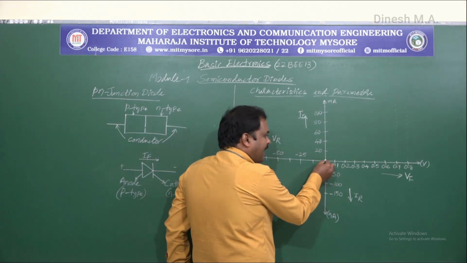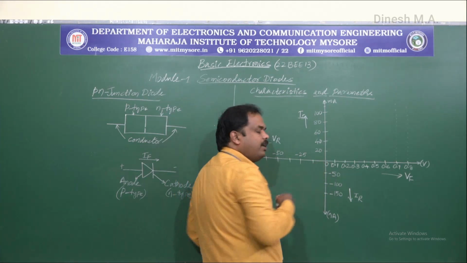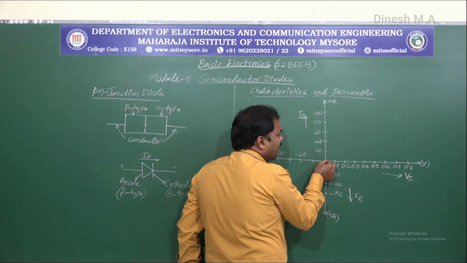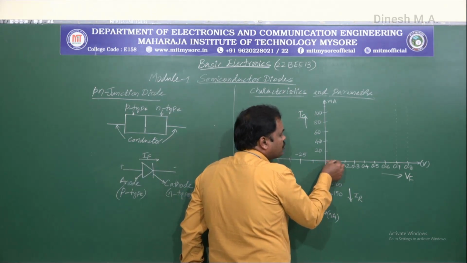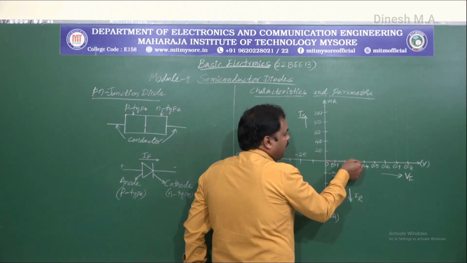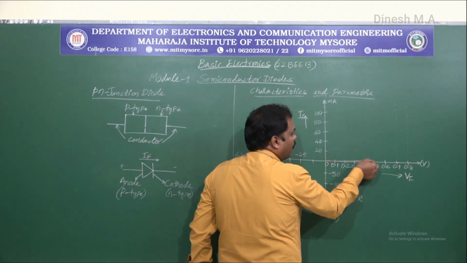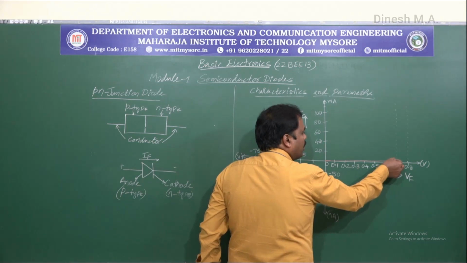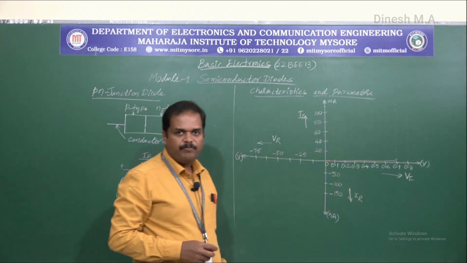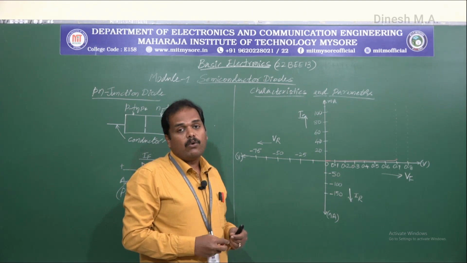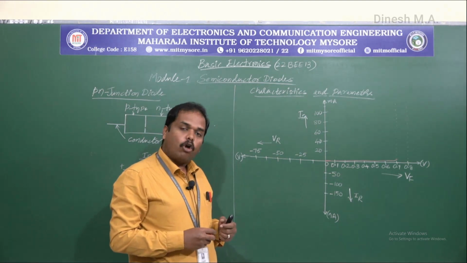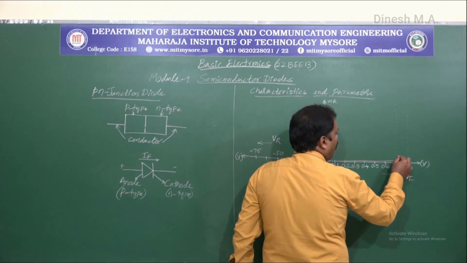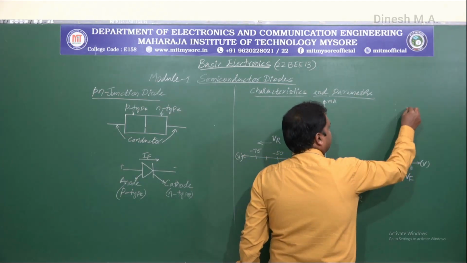And as we keep increasing the forward voltage across the diode, the current remains almost zero, typically less than 100 microamperes, till the forward voltage crosses 0.7 volts. As soon as the forward voltage of the diode crosses 0.7 volts, the forward current IF will increase almost linearly.